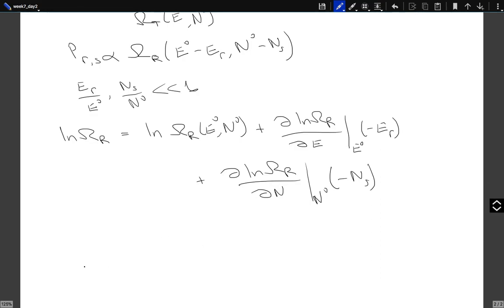Now keep in mind that logarithm of omega r is nothing but the entropy of the reservoir divided by k.